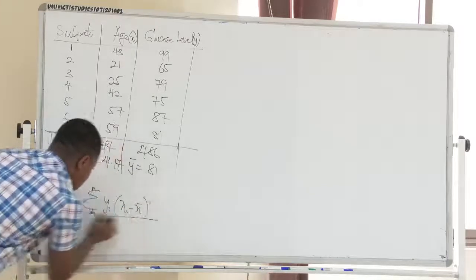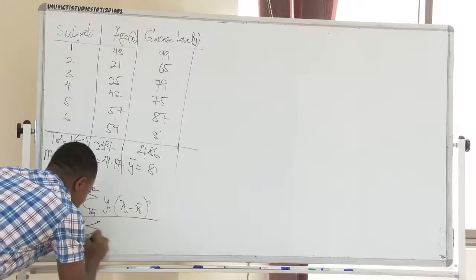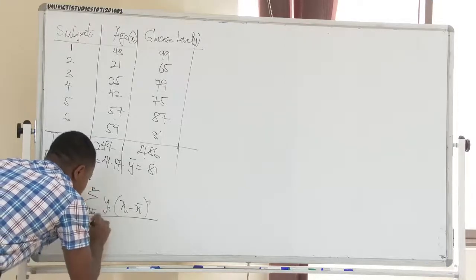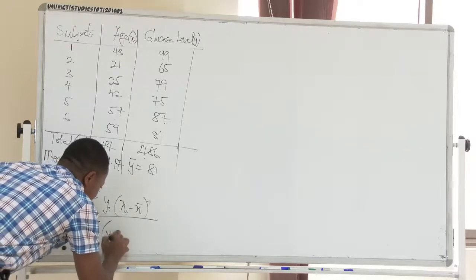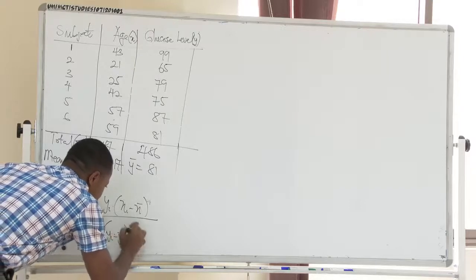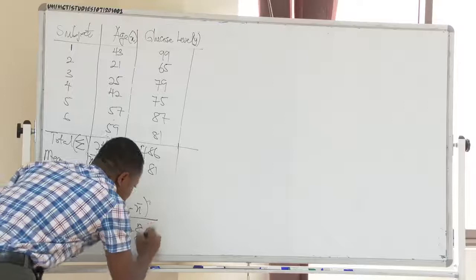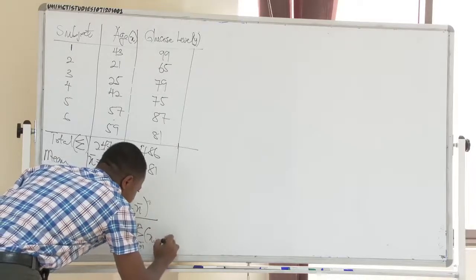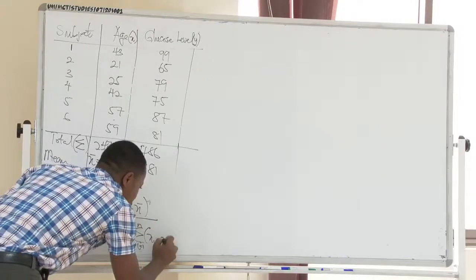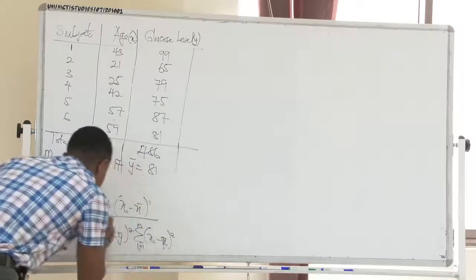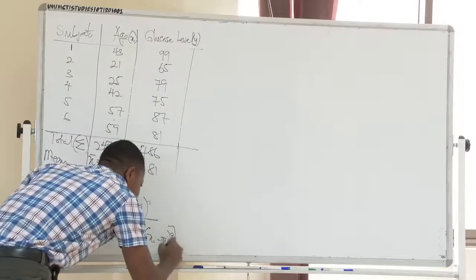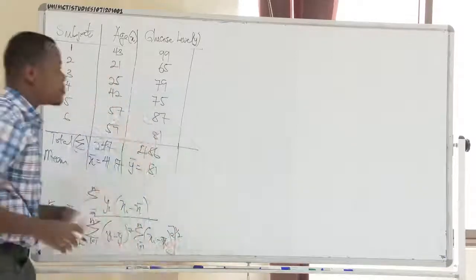This is not squared in this case. Then we have the summation from i equal to 1 to n of yi minus y bar all squared. Then the summation from 1 to n, and finally xi minus x bar all squared. And remember all this is raised to the power half, which is the same as the square root.